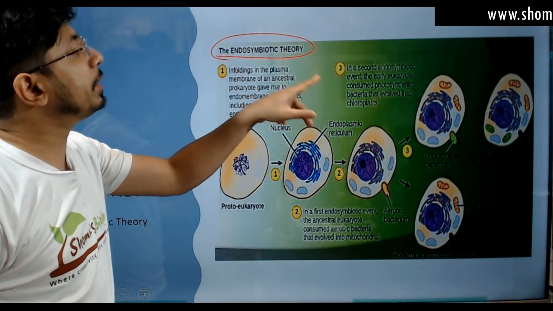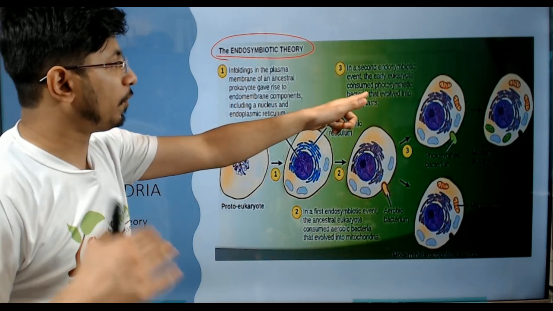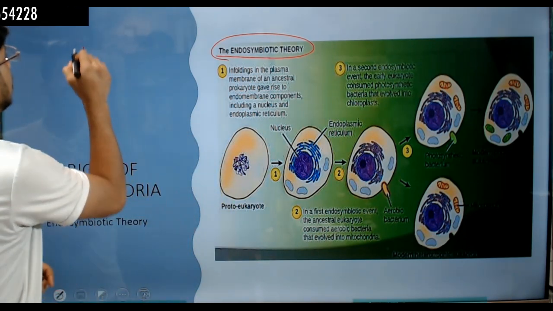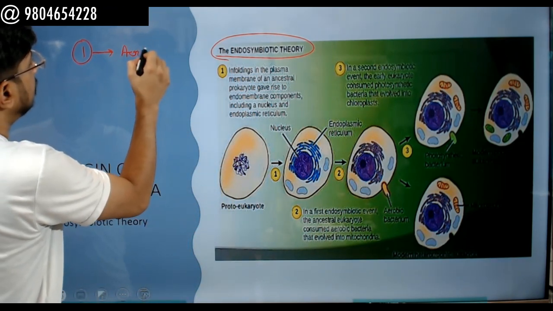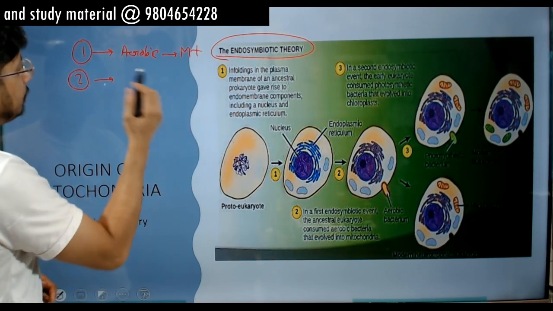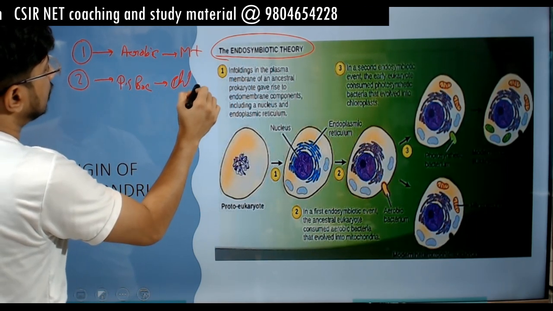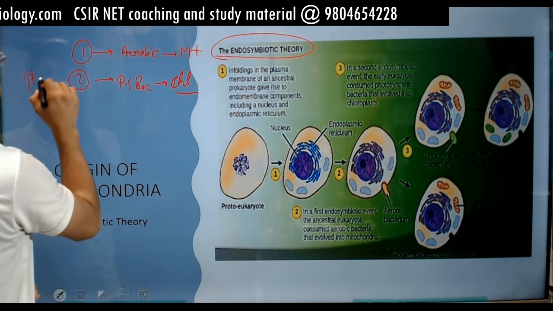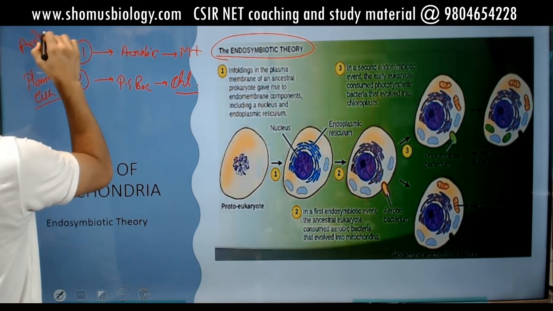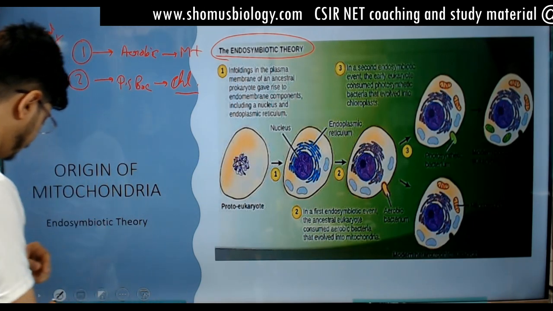The second endosymbiotic event is when the early eukaryote consumed photosynthetic bacteria that evolved into chloroplast. So in the very first event, aerobic bacteria were engulfed and became mitochondria. In the second endosymbiotic event, photosynthetic bacteria were engulfed and became chloroplast. Generally the second type is in plant cells, the plant eukaryotic cells, and the first one is in animal as well as plant eukaryotic cells, both. Okay, that is the idea.